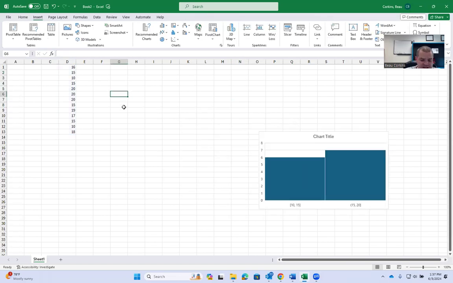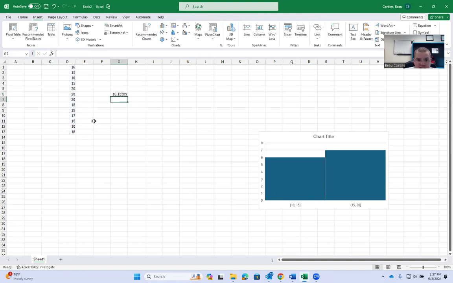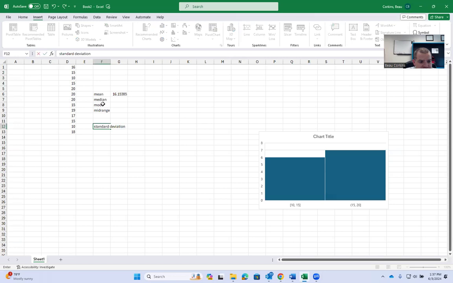All right, calculating the values. Some of these are going to be very, very easy. For the mean, equals average, open parentheses, highlight your values, and hit enter. And actually, let's title this: mean, median, mode, mid-range, standard deviation, and range.